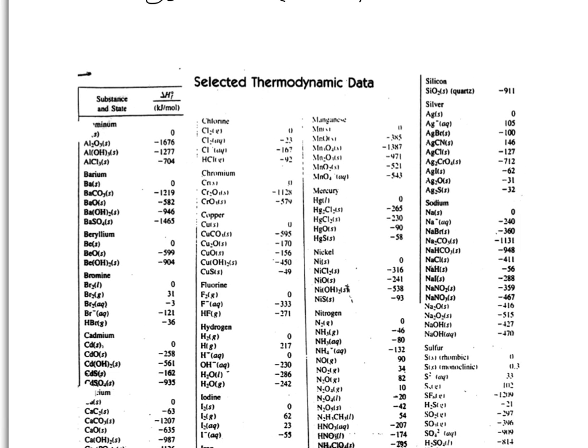Let's say in equation 1 here we have hydrogen plus 1/2 O2 yields H2O. We're going to make the hydrogen and the oxygen both gas.